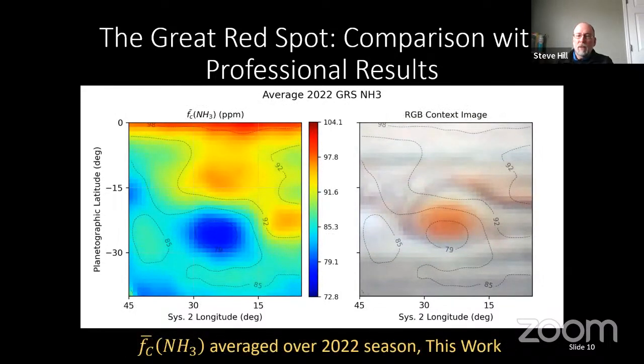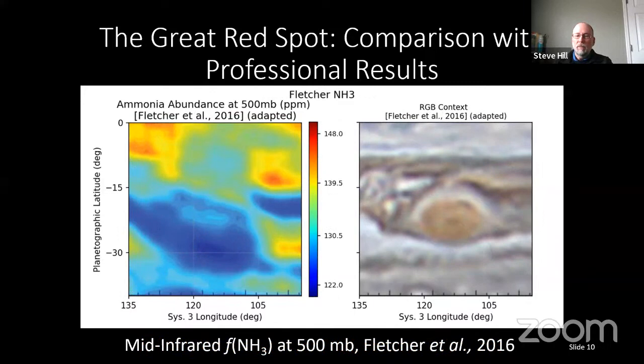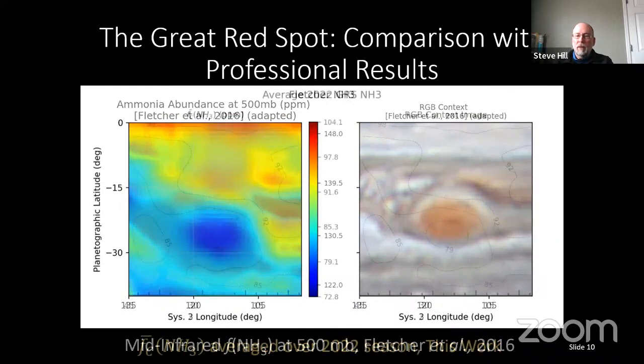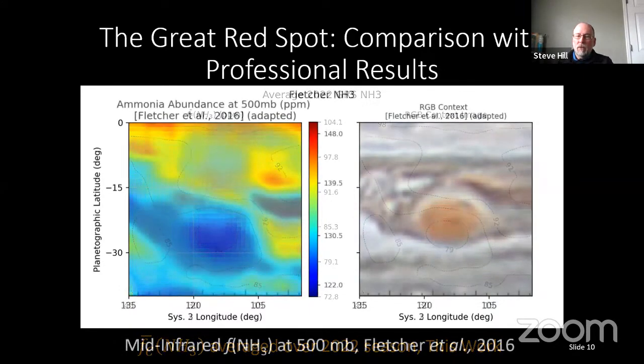The scales have been adjusted to provide approximately the same range of colors, even though the absolute values on the scales are somewhat different. Note that we've got the ammonia depletion around the red spot and to its south and to the east. And that shows up both in our work and in Fletcher's data from 500 millibars.